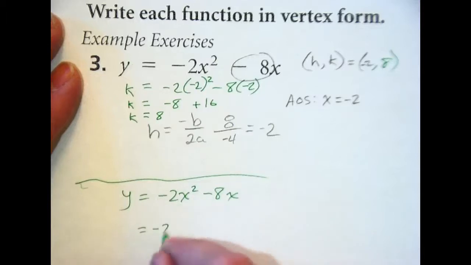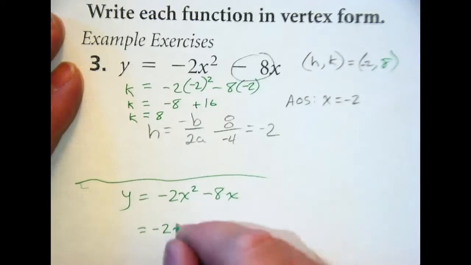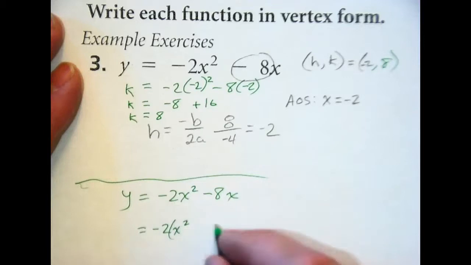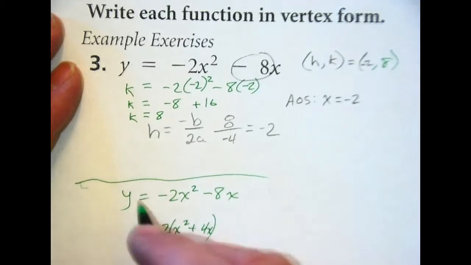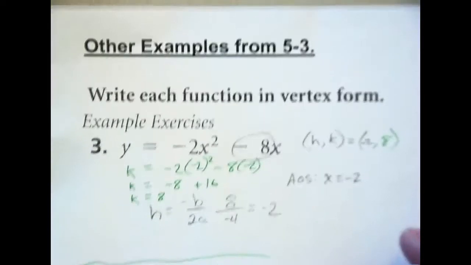Could have taken out -2, and we'll leave the x in there, but if you would have taken out your -2, that would have given you x squared plus 4x, excuse me. Did anyone try factoring? We could have kept working through this and tried to get it that way. I didn't think anyone would look at it like that, especially since we're going with this. So let's keep it here.